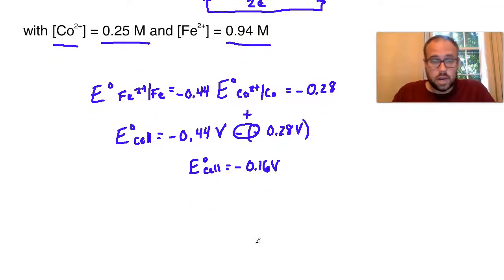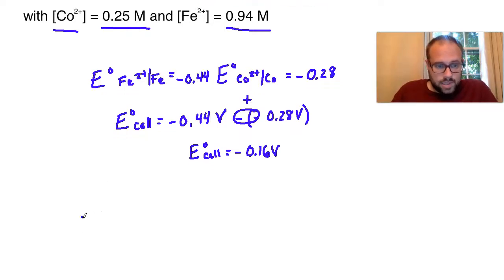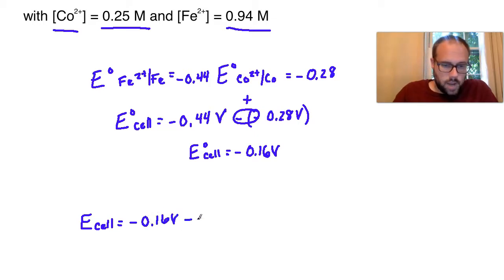We have to have the standardized portion. So I can at this point set it up and say that Ecell for this reaction, non-standardized, is going to equal the standardized Ecell, so negative 0.16 volts, minus 0.0257 volts over N. Now we said that there would be 2 electrons being passed in a situation like this.